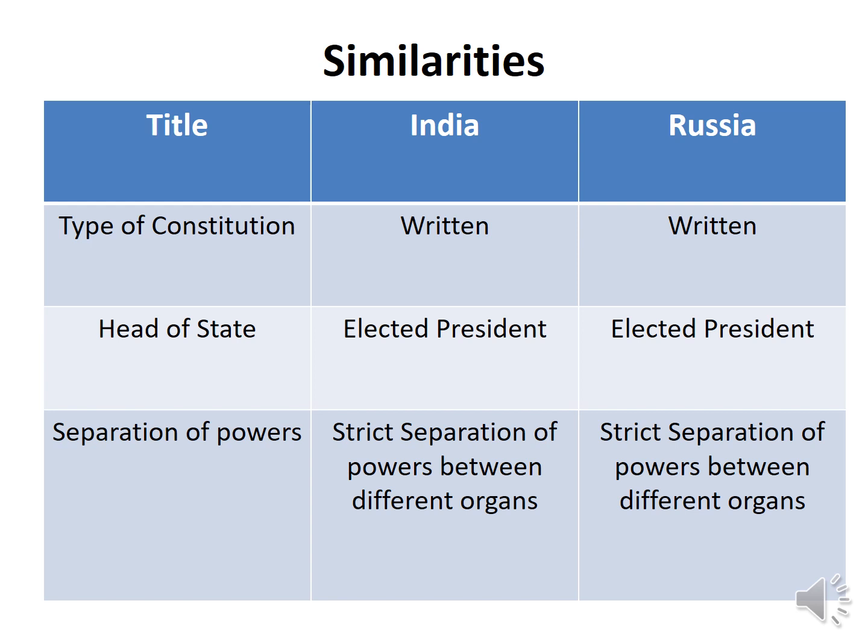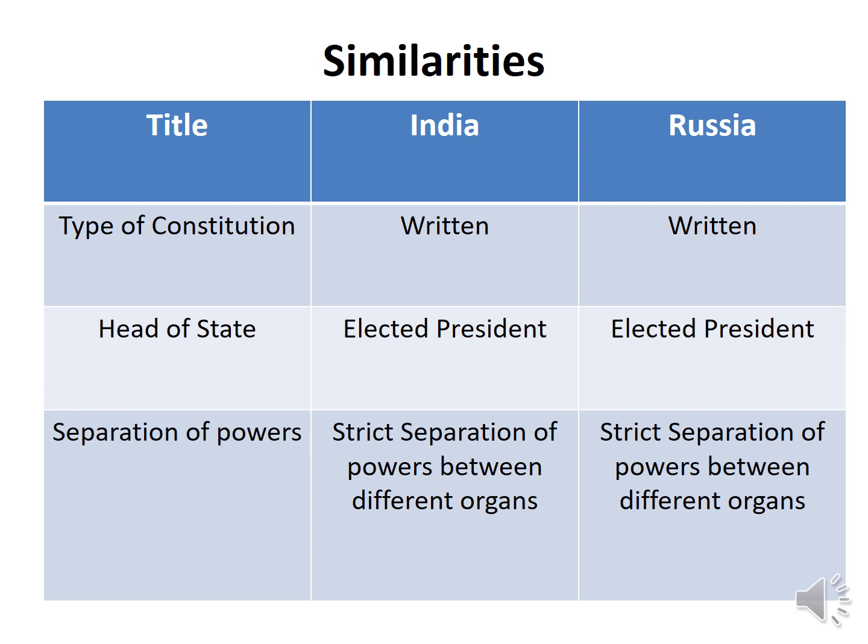Initially we'll study the similarities between Indian and Russian Constitution. So both Indian and Russian constitutions are written constitutions. The head of state of India is the president, who is indirectly elected, but in Russia the president is directly elected.